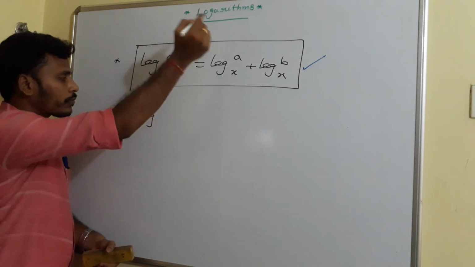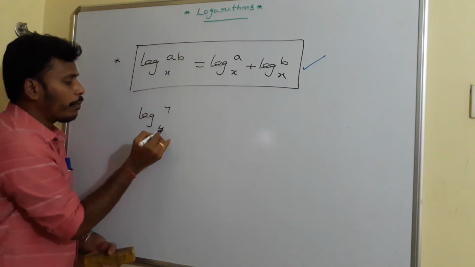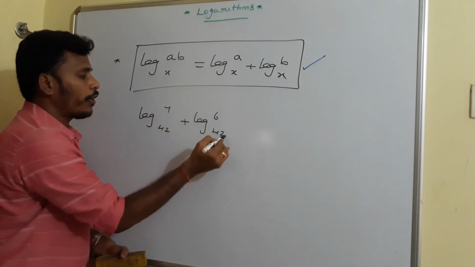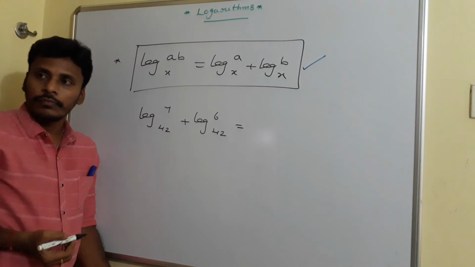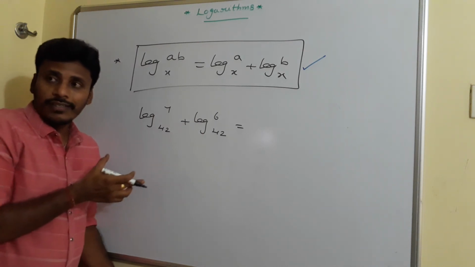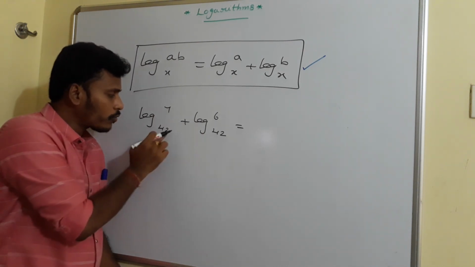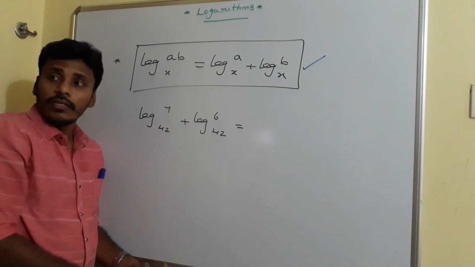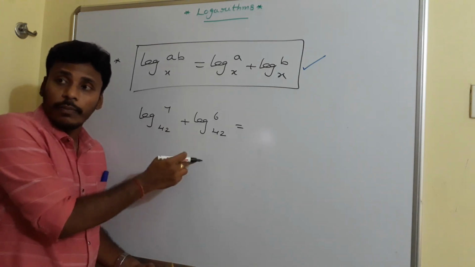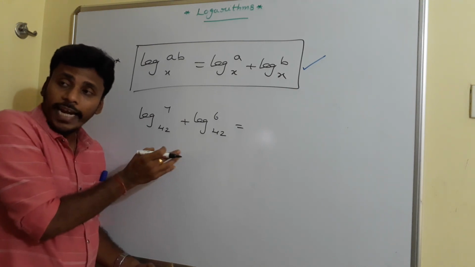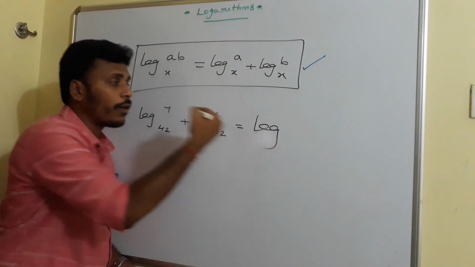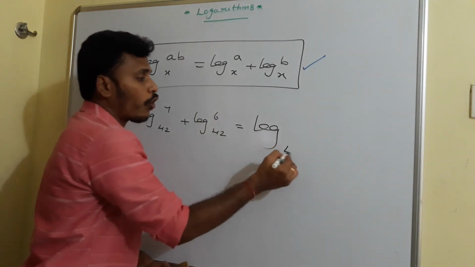Suppose logarithm of 7 base 42 plus logarithm of 6 base 42 is equal to... Just an observation: both these logarithms are with base 42 and a plus sign is in between them. So the sum of these two logarithms is nothing but the logarithm of the product with the same base 42.